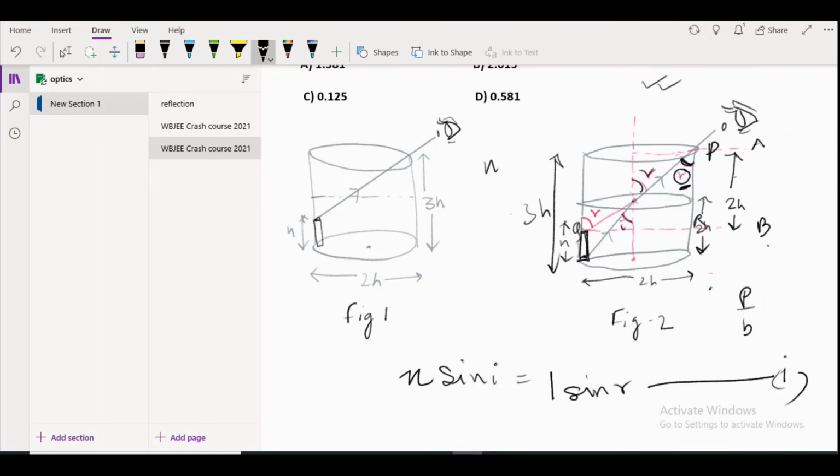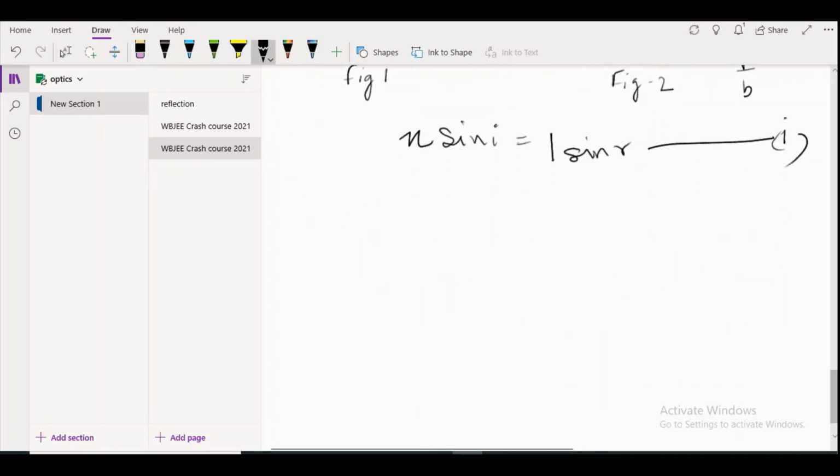So here the perpendicular is 2h and the base is also 2h. So tan R we can write as 2h by 2h, that is 1. So tan R is 1. That implies R is equal to 45 degrees. So we have obtained R.